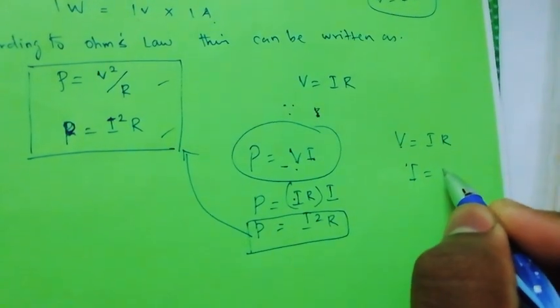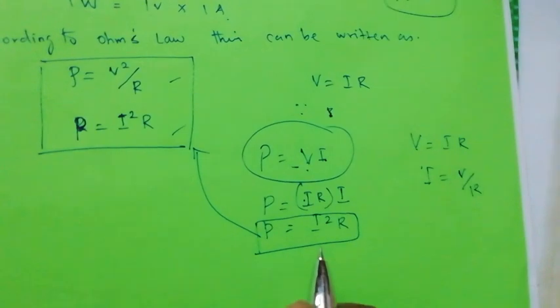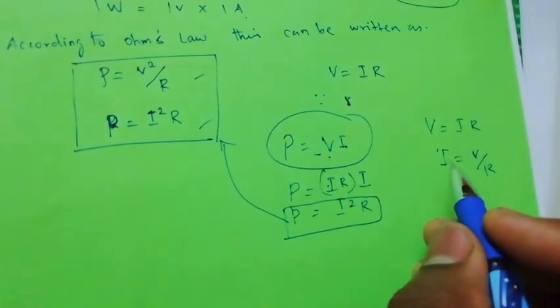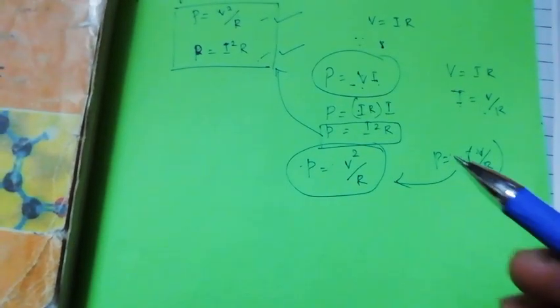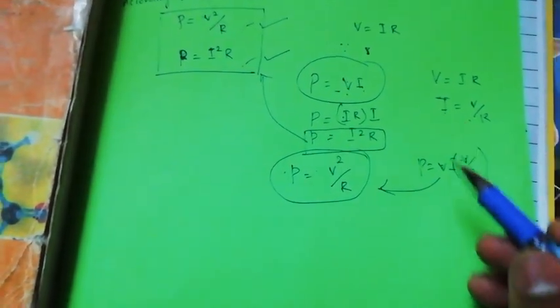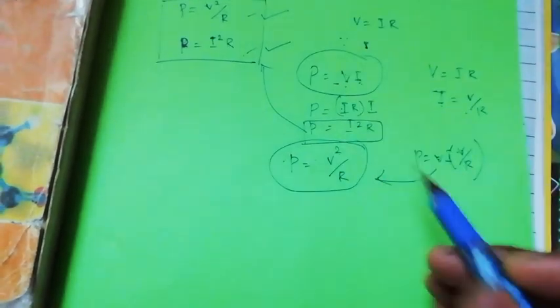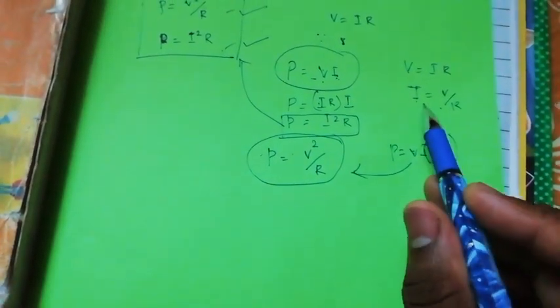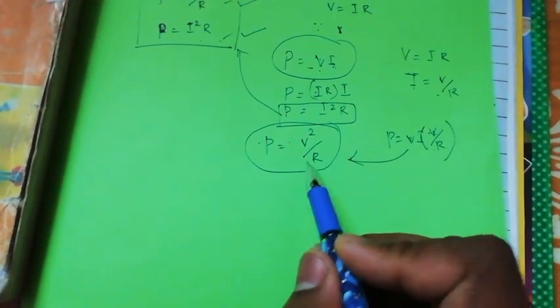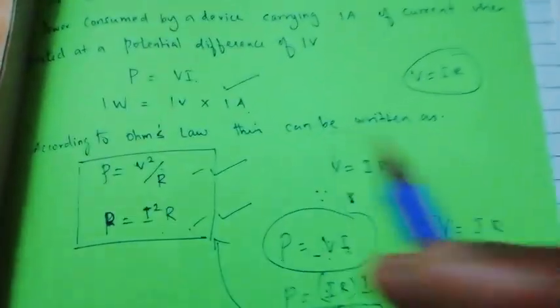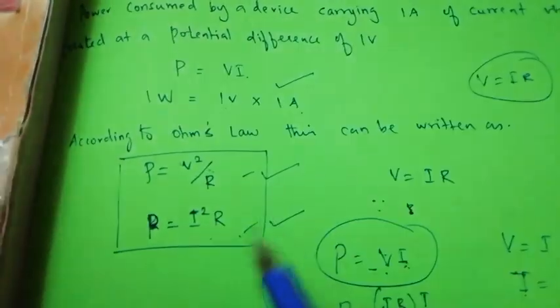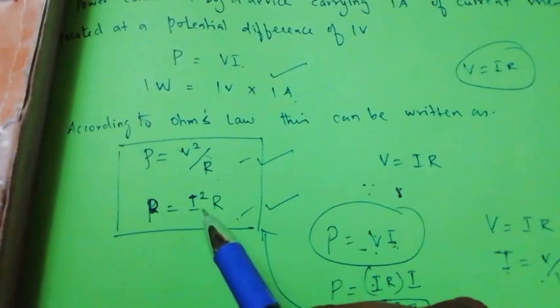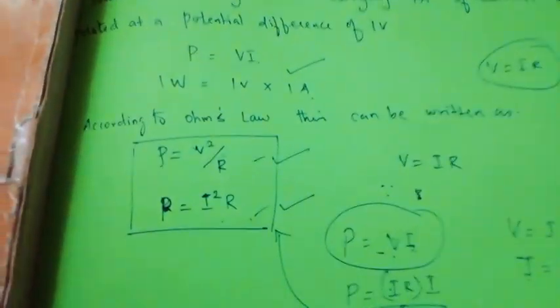Here I is equal to V by R. Substituting this in P is equal to VI, it comes to P is equal to V square by R. So in electric power, we have three formulas: P is equal to VI, P is equal to V square by R, and P is equal to I square R.